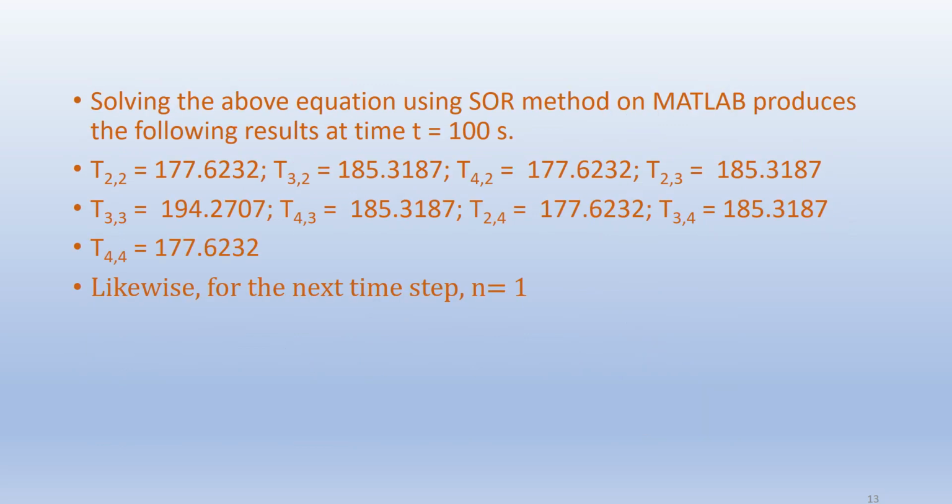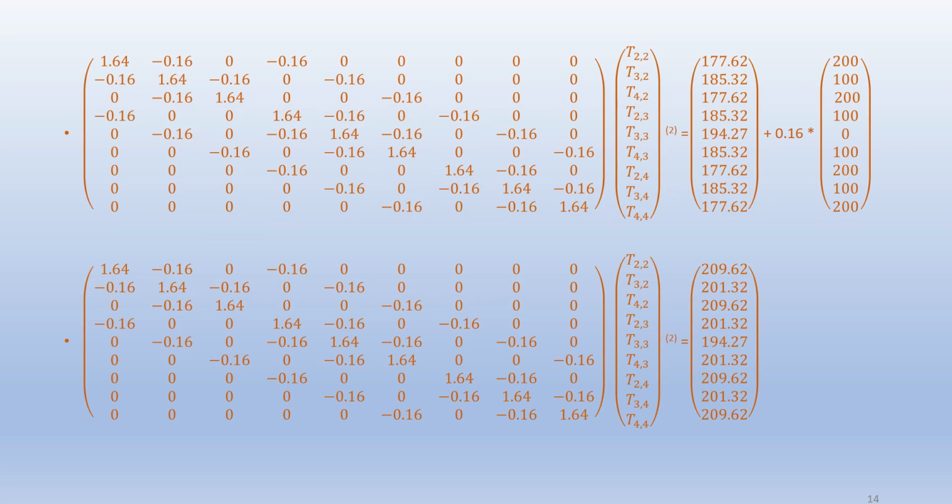Solving the above using the SOR method on MATLAB produces the following results at time t equals 100 seconds. The temperatures at the various interior nodes are shown here. Likewise, for the next time step n equals 1, we get the set of equations arranged in a matrix form, which can again be solved using methods such as the SOR method.